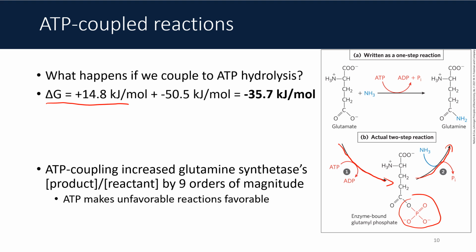When you combine that with the negative 50-ish kilojoules per mole of ATP hydrolysis, now our coupled reaction has a completely different delta G, which is now negative 35.7 kilojoules per mole.